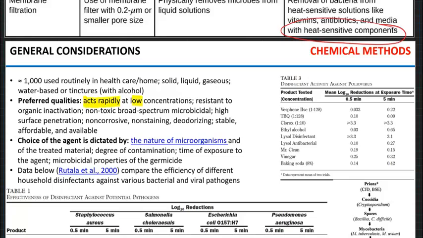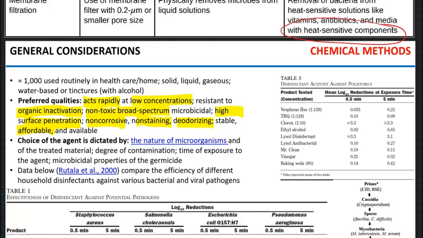Works fast, low concentrations, can resist inactivation by bodily fluids, non-toxic, kills everything, penetrates the surface, because if the surface is porous, you want it to get in. Doesn't corrode things, doesn't stain things, smells good, affordable. This is Prince Charming, really. You know, it doesn't exist.